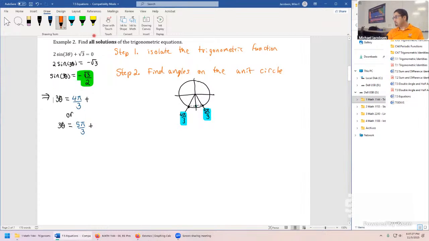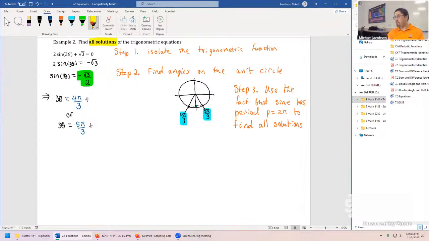Step 3, use the fact that sine has period p equals 2 pi to find all solutions.